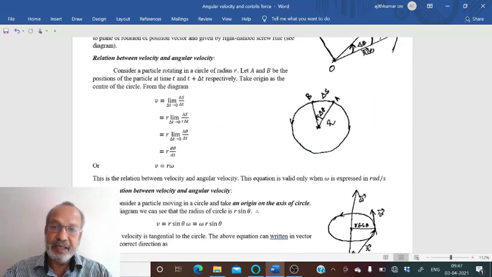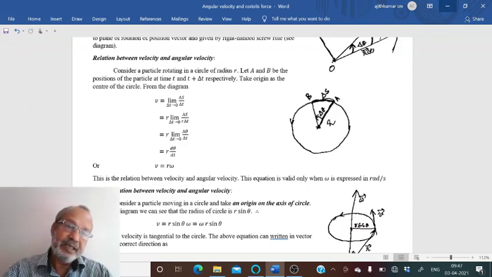For that we consider a particle rotating in a circle of radius r, and suppose during a time delta t, delta s is the displacement of the particle. So delta s by delta t will be the velocity of the particle, in the limit delta t tending to 0.